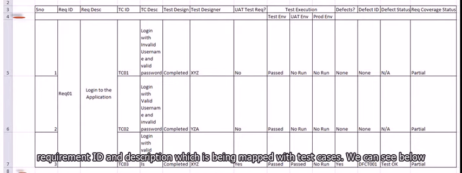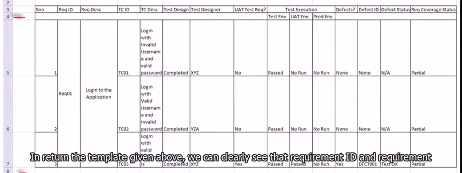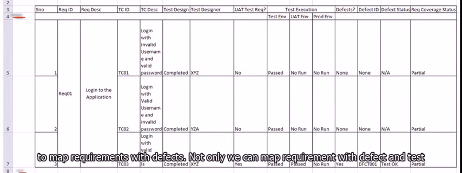You can see in the background a sample requirement traceability matrix. In this template, we can clearly see that requirement ID and requirement description have been mapped with test cases. We can also map requirement ID and defect ID to map requirements with defects.